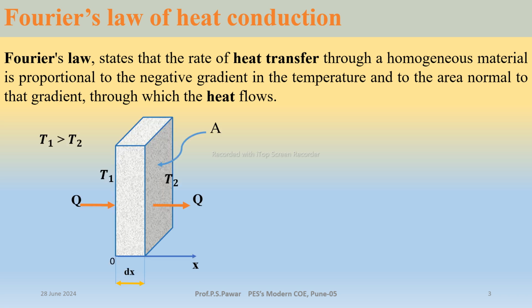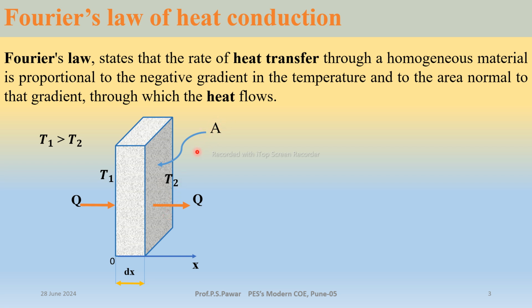Let's consider one plane wall. We can observe here one plane wall whose thickness is dx, and heat is going to flow from the left side to the right side.